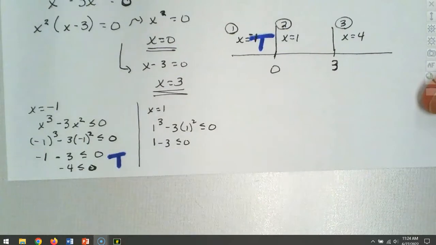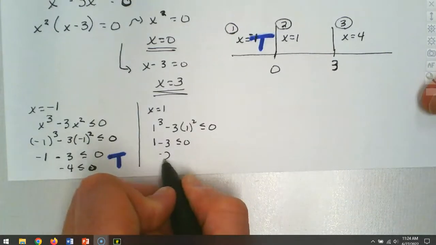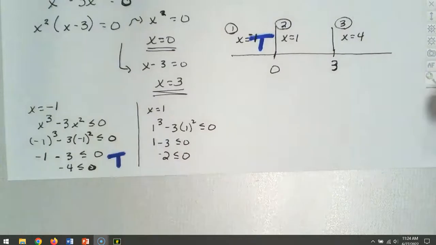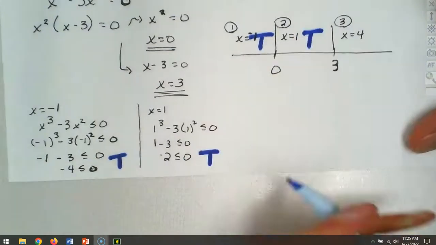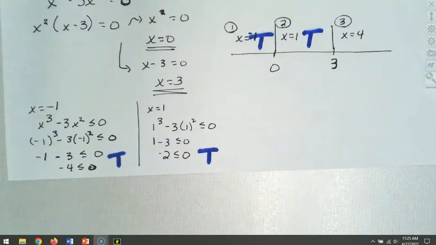And 1 minus 3 makes that then a minus 2. And is minus 2 smaller than 0? It still is. Most of the time they switch back and forth, but not all the time. Especially when you take out an x squared. When you take out an x squared, they may not all switch back and forth at the same time. So you always want to check all 3 regions, or 4, or however many you have.